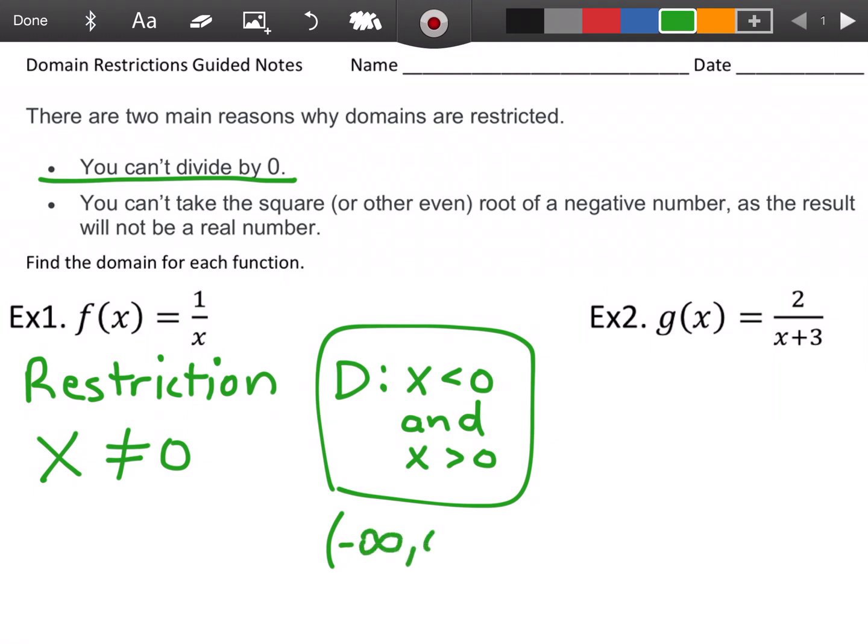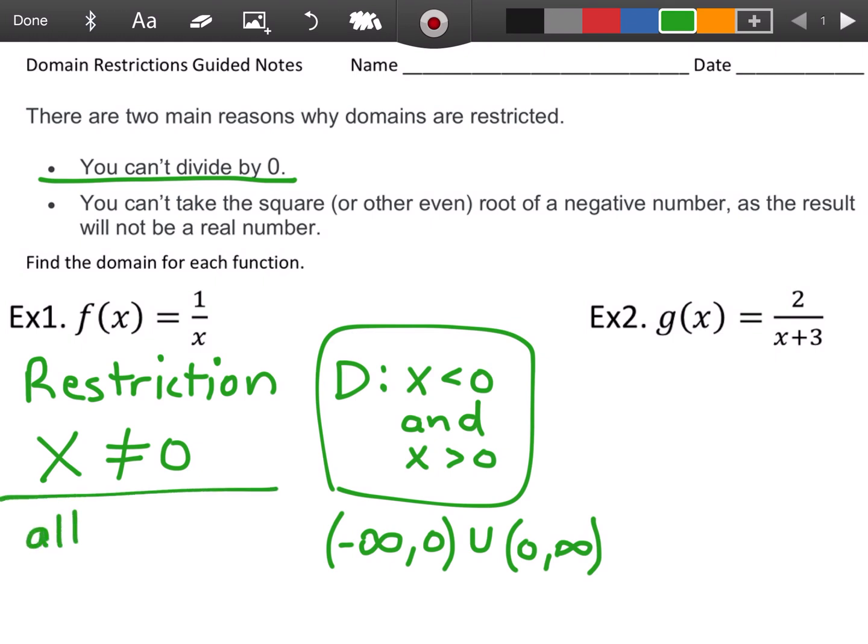You could also write it as the union of two different sets. We could say everything from negative infinity up to 0, but not including 0. We would use this symbol if we were including it. Union with everything to the right of 0 up to infinity.